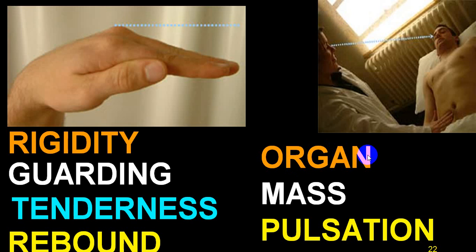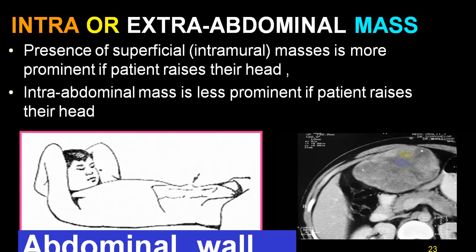In an enlarged organ, you assess the size, shape, surface, border, consistency, tender or non-tender, soft or hard, whether it moves with respiration or not, whether there is impulse on coughing, whether there is any pulsation, etc.